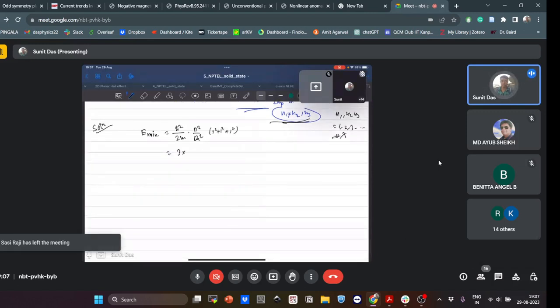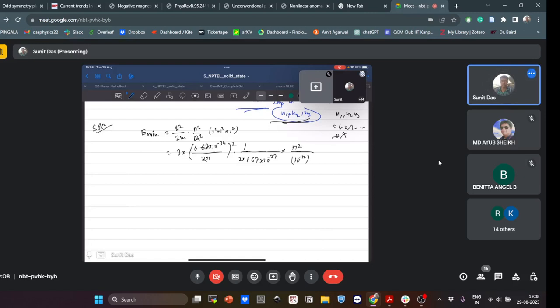So 3 into (6.63 × 10^-34 by 2 pi) whole square, and then 1 by 2 into the mass of proton 1.67 × 10^-27, into pi square by L, which is 10^-12, square, joule.